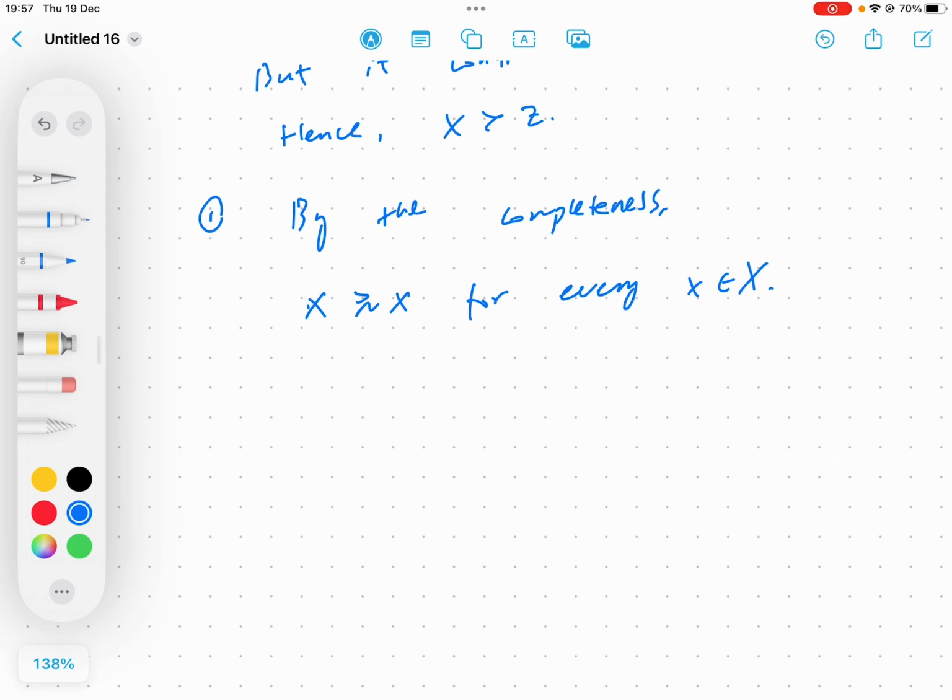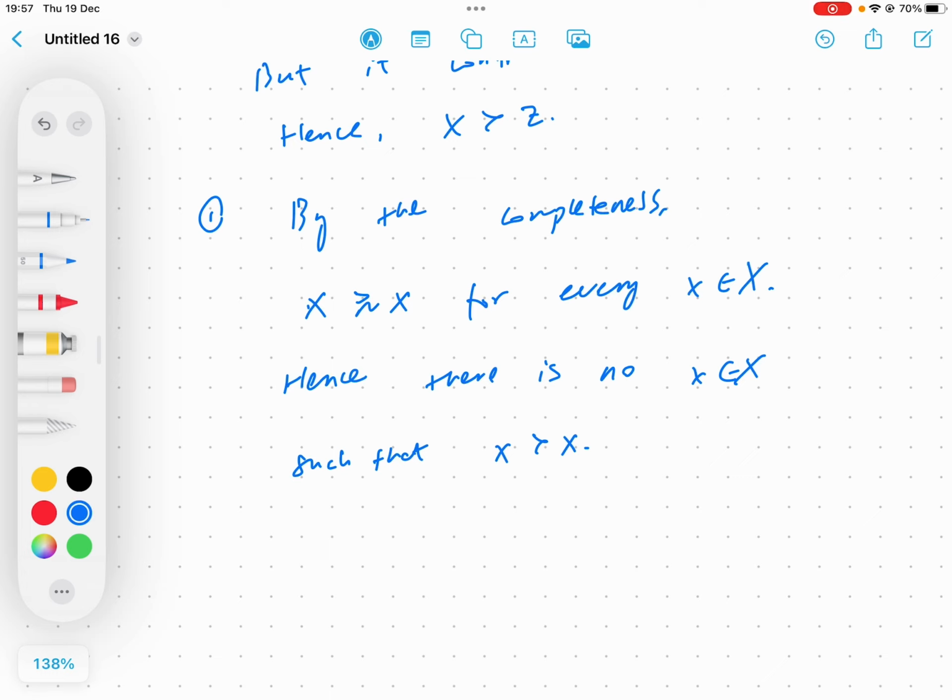Right? Yes, there is no x such that it is strictly preferred to itself. Then this proves the irreflexivity, right?